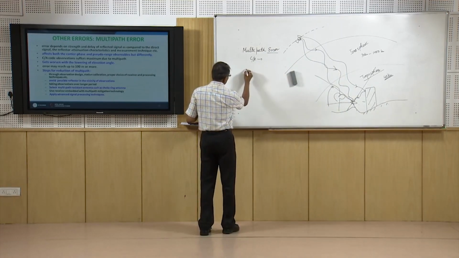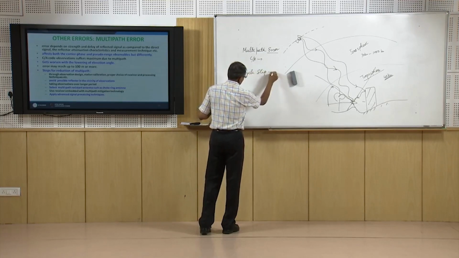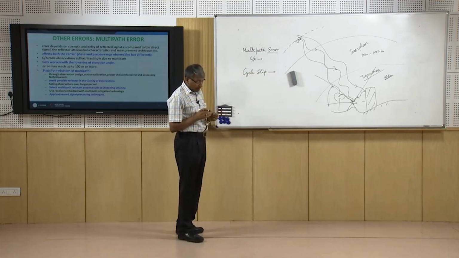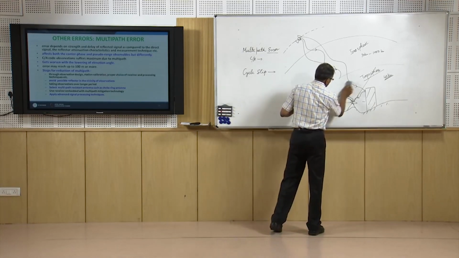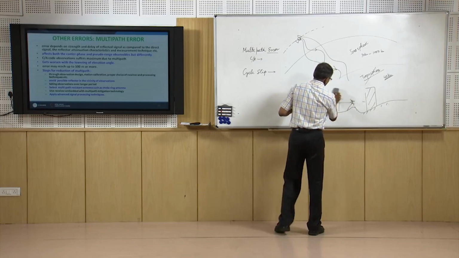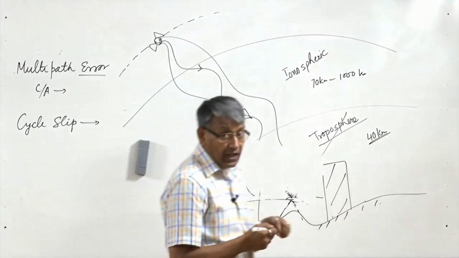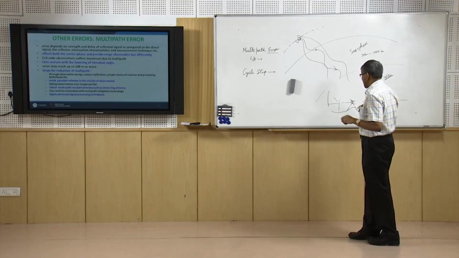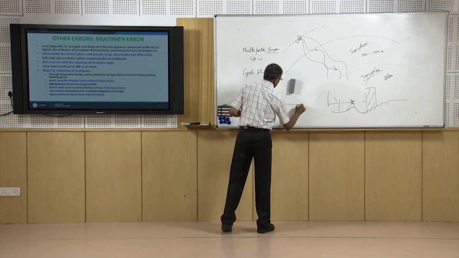Another error which is important is called cycle slip. This error will come if there is some obstruction in the signal, or there is interference on the signal. Then the number of cycles changes.